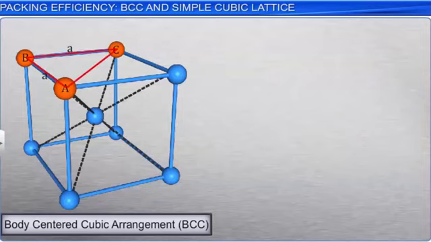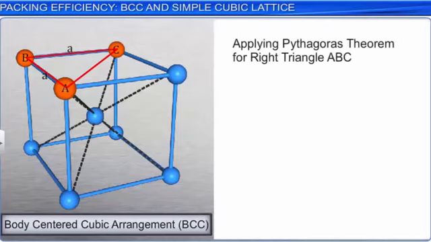Therefore, on applying Pythagoras theorem, we can say AC square is equal to AB square plus BC square. Substituting the values, we get AC square is equal to a square plus a square, which is equal to 2a square.